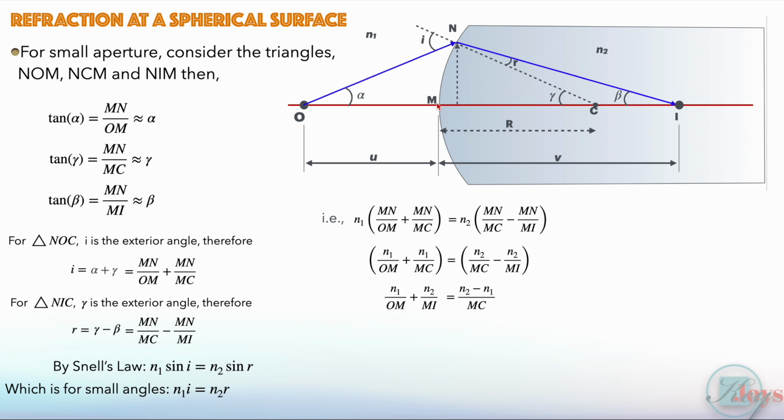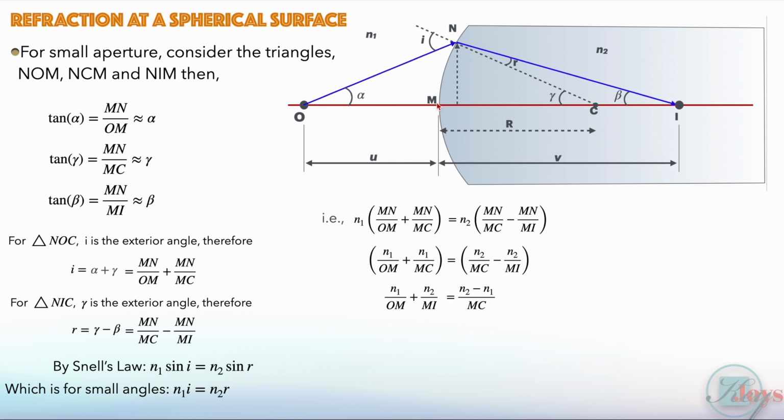Also, distances measured in the direction of the incident light are taken to be positive, and those in the direction opposite to the incident light are negative. Therefore M to O is opposite to the incident light direction, so it is minus U, which is negative. So minus U is the object distance, and M to I, which is V, is positive.